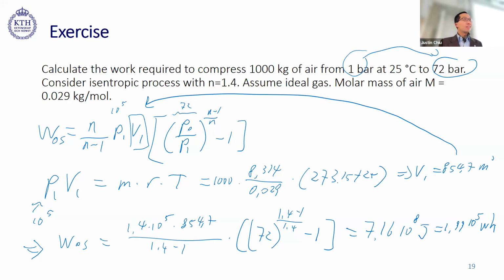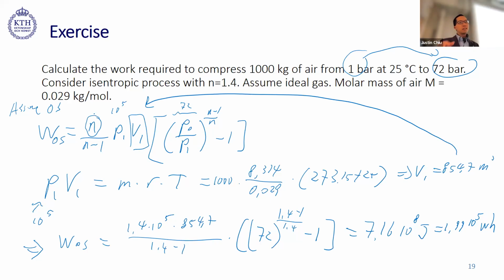Question so far? Or is it all good? Yeah. Can you explain again why you consider an open system? So it should be given in the exercise, but here we assume open system. But of course you can also do the same calculation for a closed system and check the difference. The difference between open system and a closed system would be a factor of 1.4 from what we saw earlier.